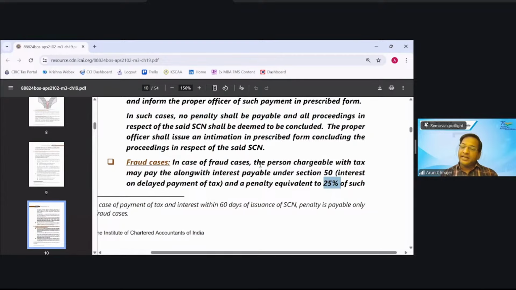Let's read. In fraud cases, the person chargeable with the tax may pay the tax along with interest and the penalty of 25%. Penalty 25% would be of tax or would be of taxable value? जो 25% की पेनल्टी है वो टैक्स की होगी या टैक्सेबल वैल्यू की होगी?